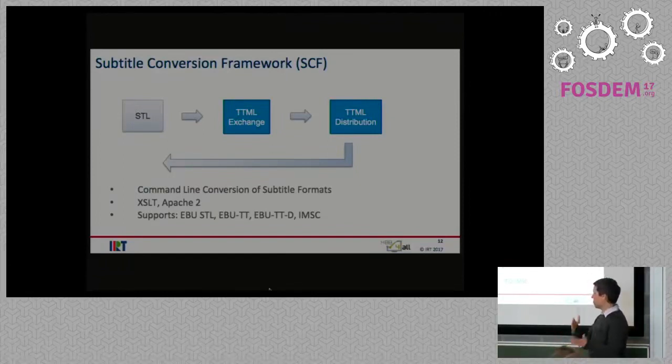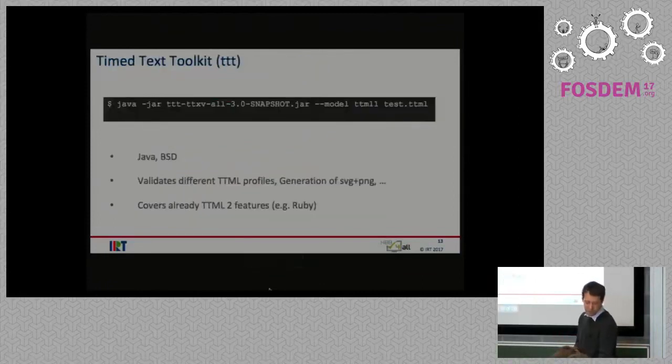So it's actually EBU STL to EBU TT to EBU TTD, which is also IMSC. Okay, so we mainly use XML technology there. We use XSLT. We would have liked to use XSLT2, but because most of the libraries do not support it, we still restrict ourselves to XSLT1.